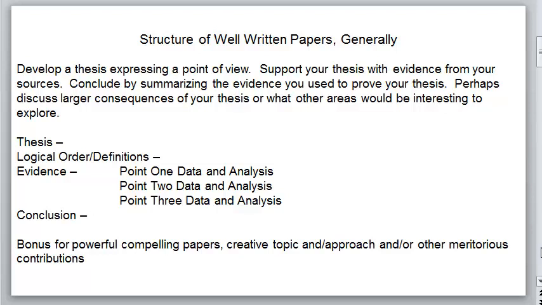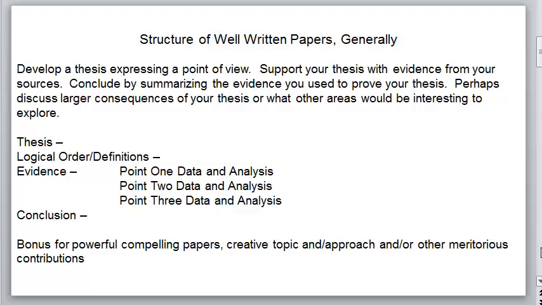You want to get very quickly to the data, to the analysis, and generally you want to at least have a couple, 2 to 3 of these points. So you do point 1 in your first paragraph of your body in analysis, you go to point 2 on your next paragraph in analysis, and you go to point 3, your data and analysis in that third paragraph. That should be enough for a response paper, for a short paper.